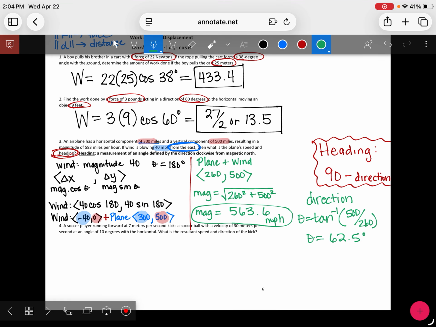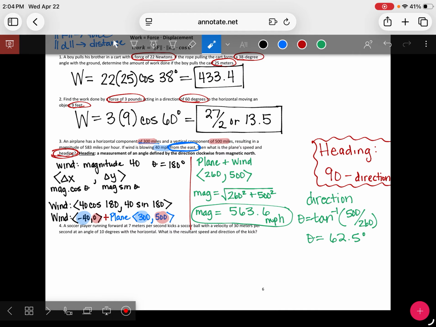But this is really important. Make sure you write this down. Anytime it asks you for heading, right? And if you look here, notice it didn't ask me for the direction. If it said find the speed and direction, we would be done. But it asks us for the speed and the heading.